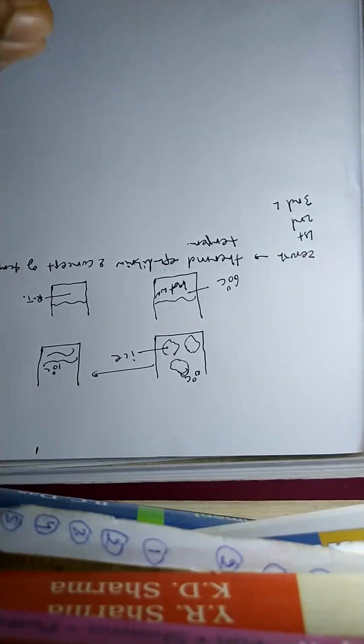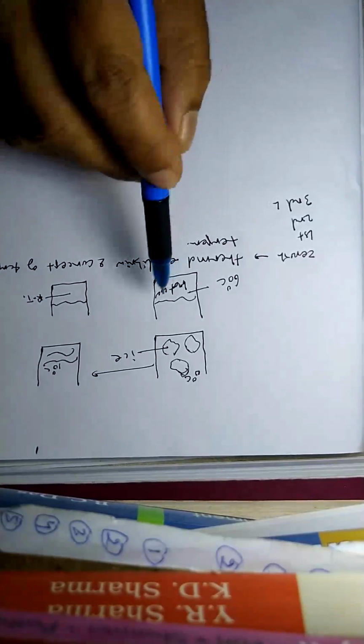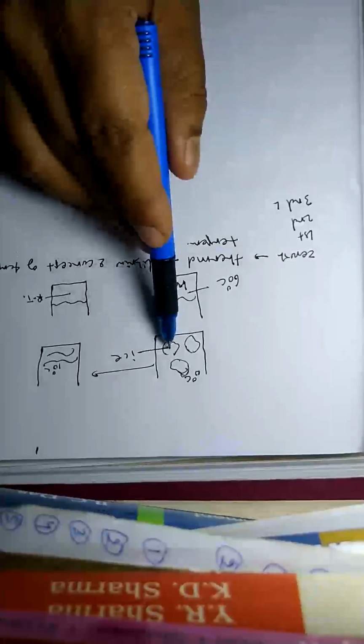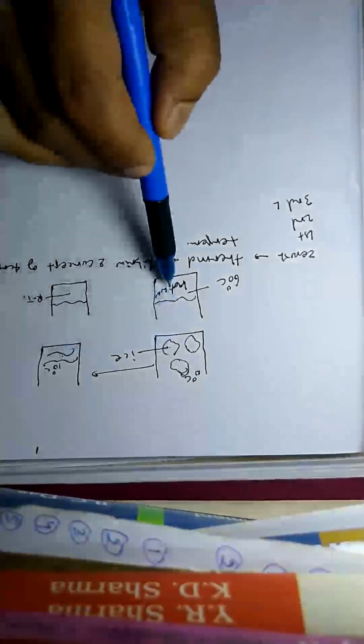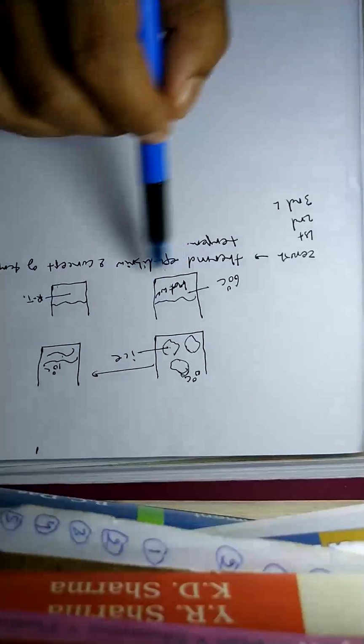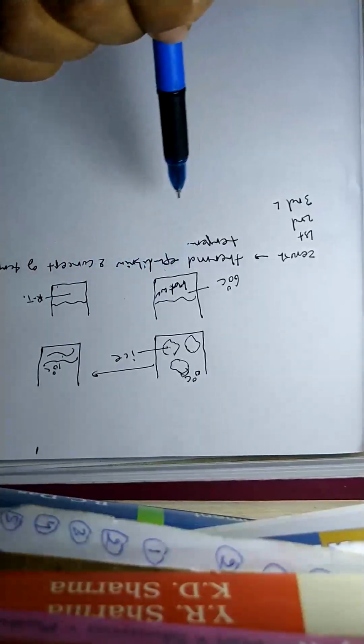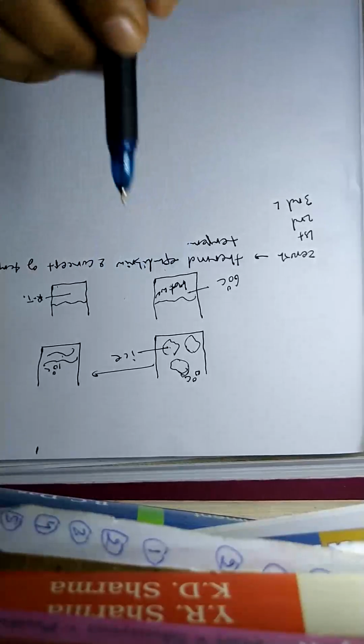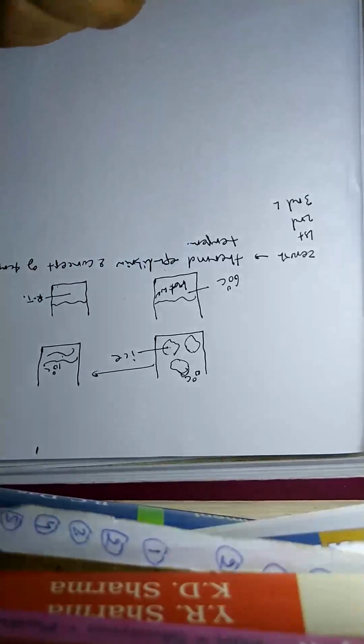The zeroth law deals with thermal equilibrium. That means whatever we taught you just before, ice converted to water, hot water converted to room temperature water, that is called thermal equilibrium. So the zeroth law deals with thermal equilibrium and the temperature concept.